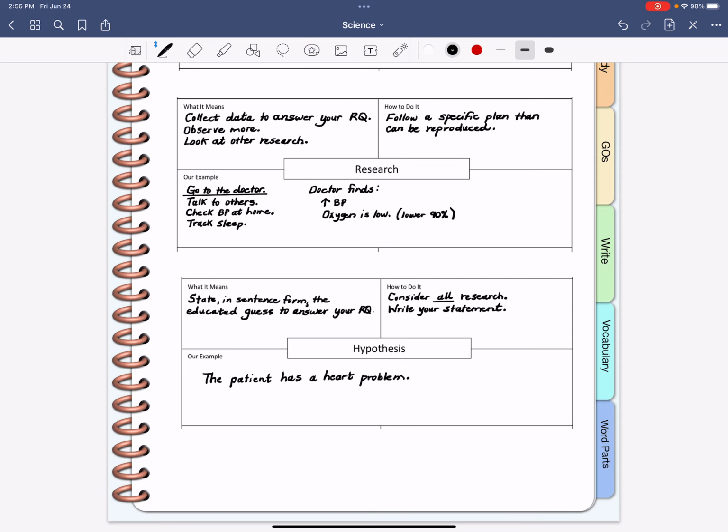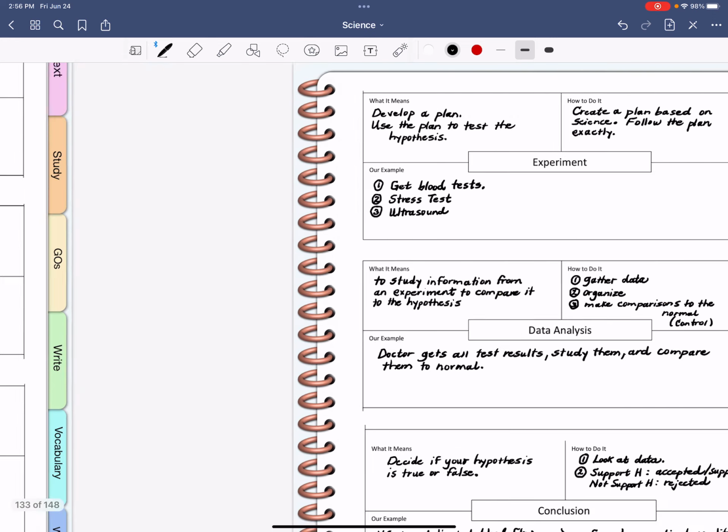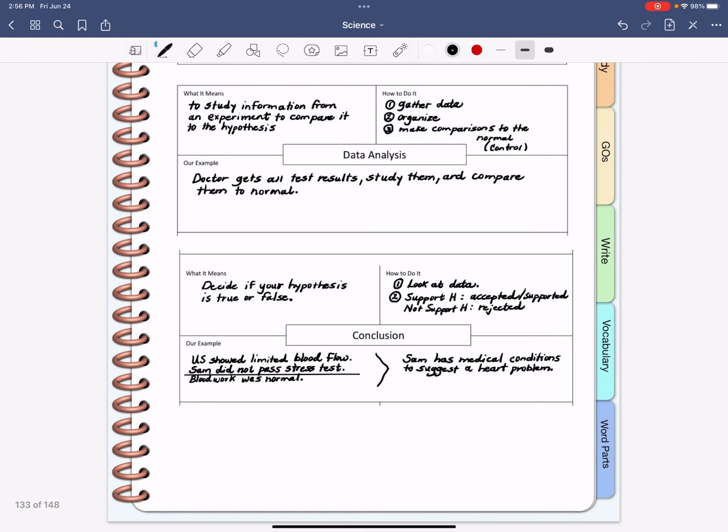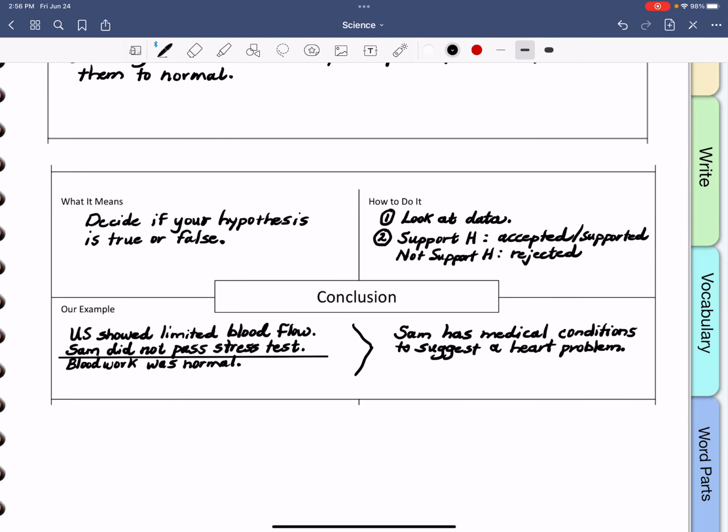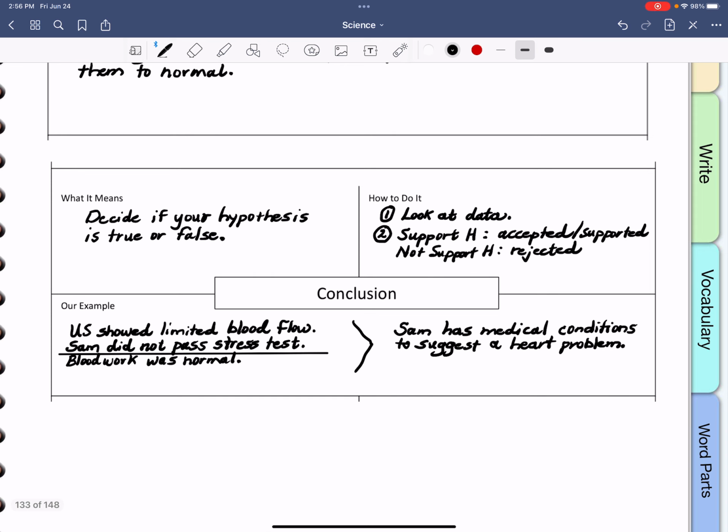The patient has a heart problem. That's the hypothesis. The conclusion supports that hypothesis. So we would say as our conclusion, the hypothesis is supported, or there is support for the hypothesis.